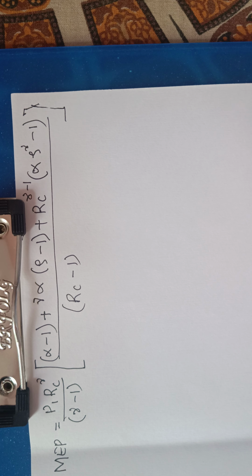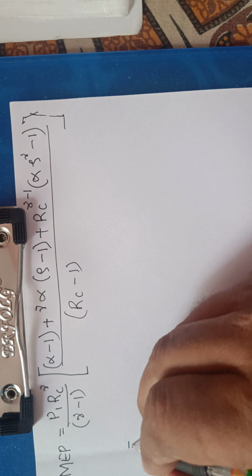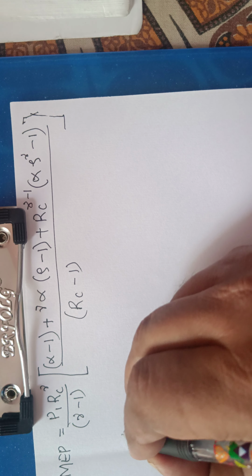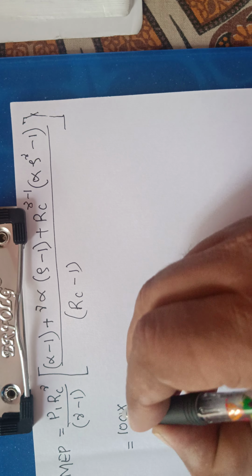So we will substitute all the values one by one. P is 100, so I have converted this into Newton per meter square.